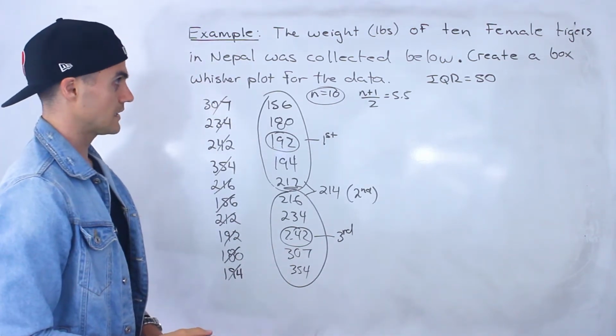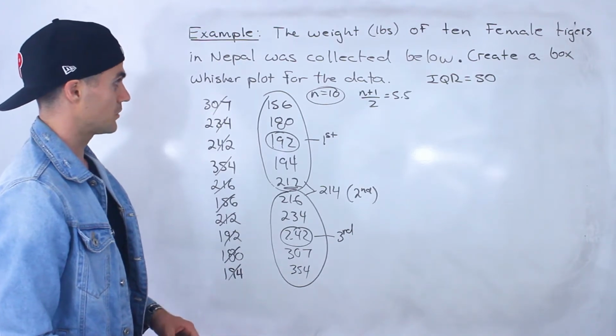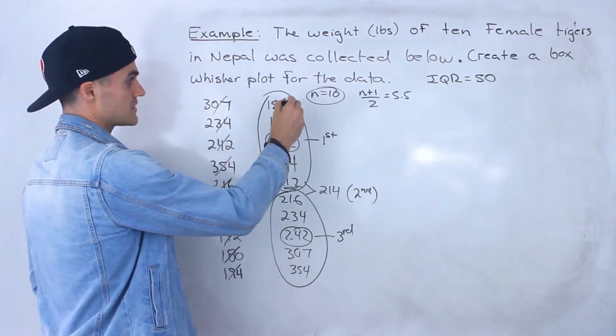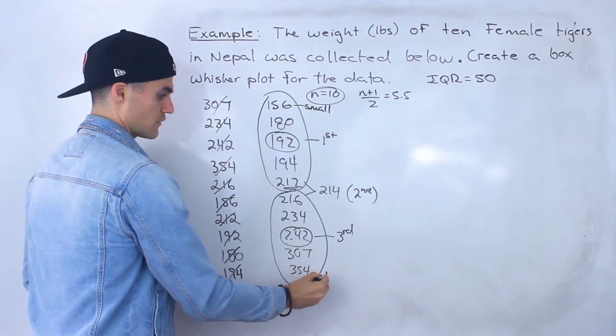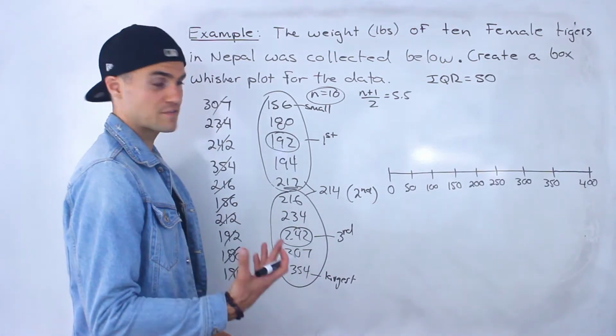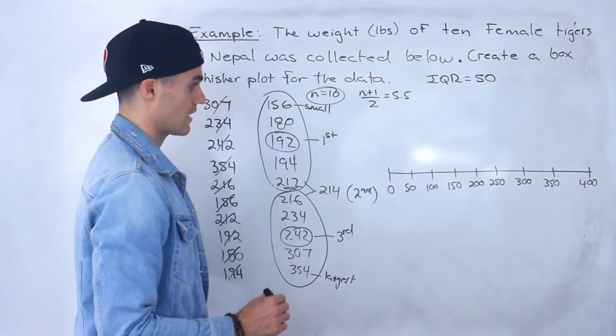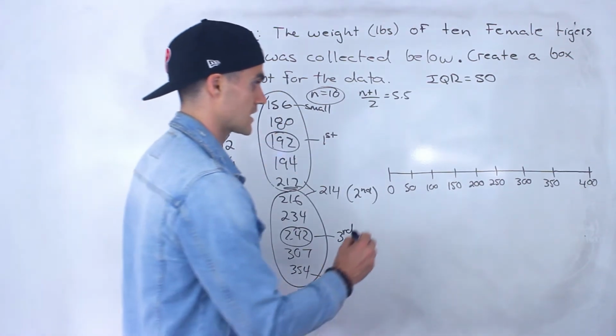Right? So let's make a Box-Whisker plot here. So notice we're going from 156, that's the smallest value, to 354, the largest value. So I'm going to go up by 50s on this scale here. So if we draw everything, we would start with the smallest value, 156.